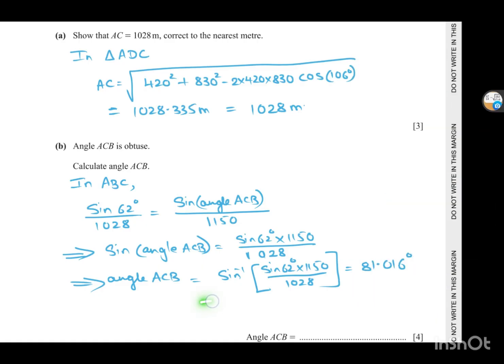So rounding to two decimal places, we will write that angle ACB, which is obtuse, is 98.98 degrees. Question B is done.